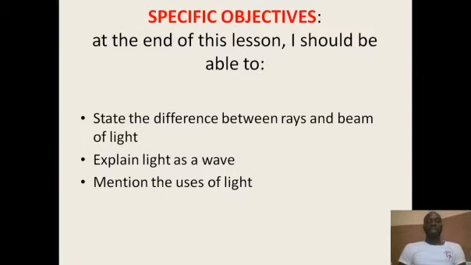We're also going to explain light as a wave. And we're also going to know the uses of light. If this light is important to us, what makes light important? So we are going to look at the application of light or ways in which light can be of use to human beings. Okay, now we start the class.